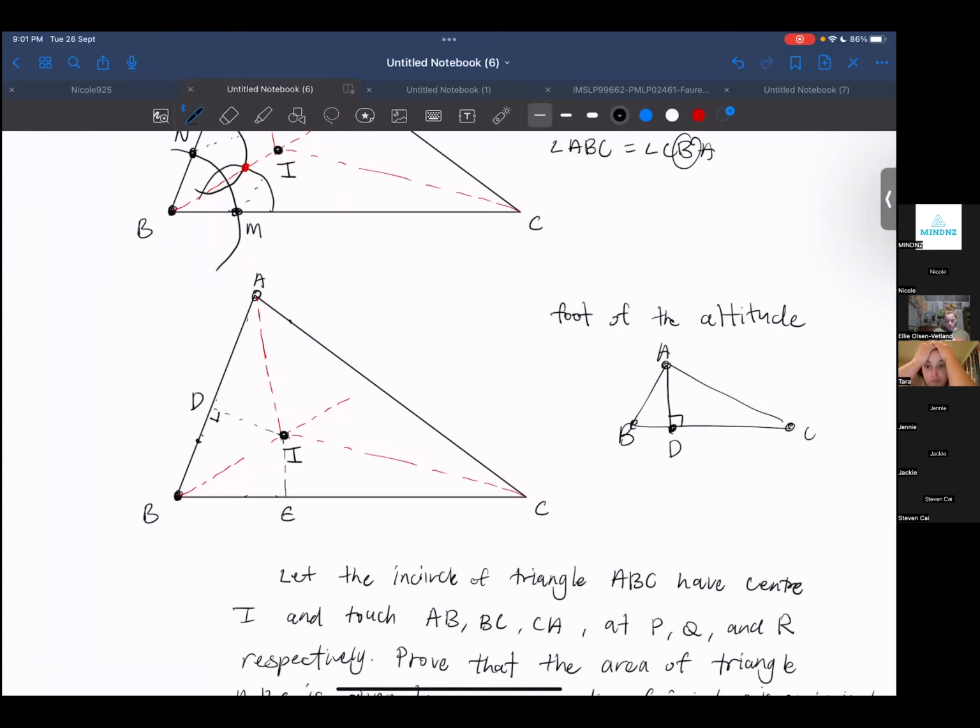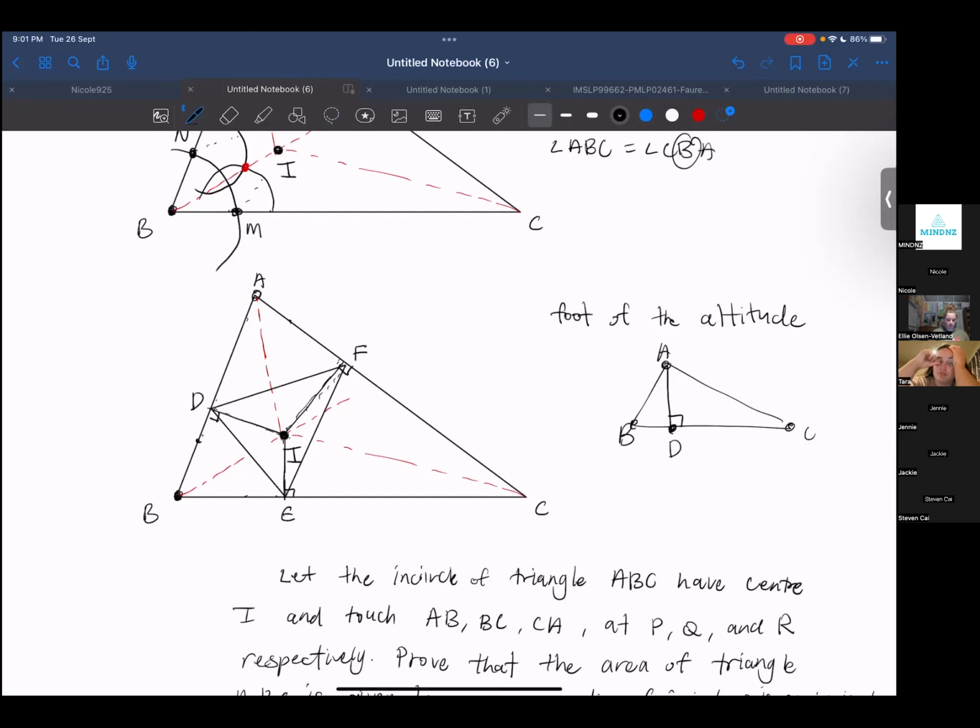We can call that E. Then we drop it one more time, and we can call that F. So all of these should be 90 degrees. Now we have a little triangle, DEF, on the inside.